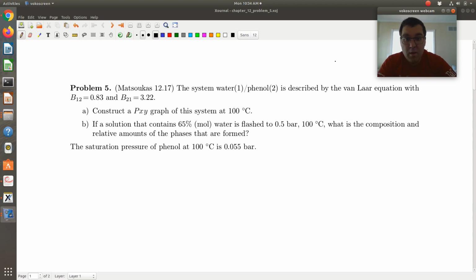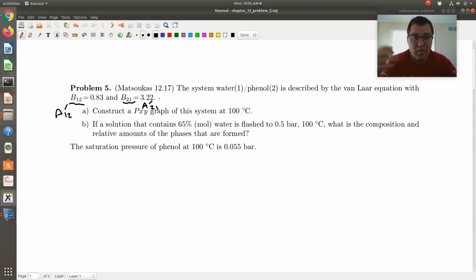B12 and B21 are two model parameters for the Van Laar equation. As I look at my PowerPoint presentation on excess Gibbs free energy models, I use the notation A12 prime instead of B12, and A21 prime instead of B21, just to be consistent with the big A's like we use in the Margules equation.